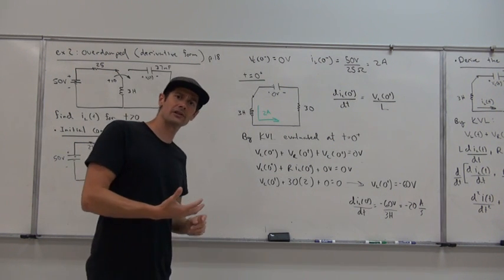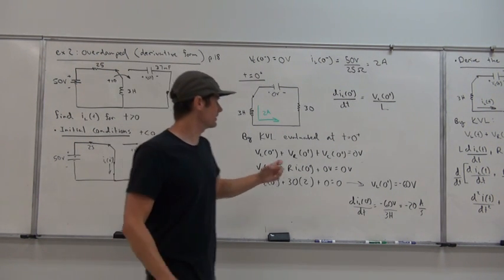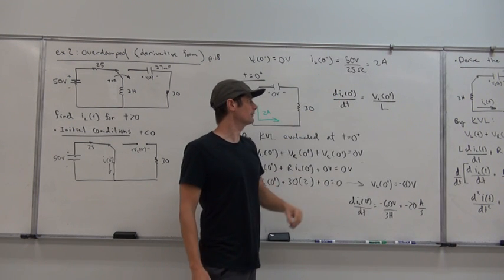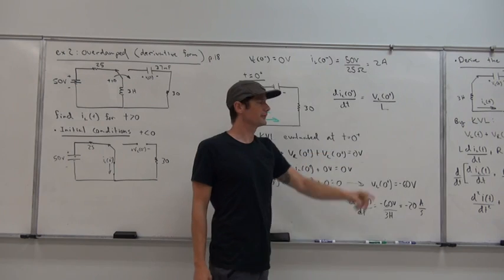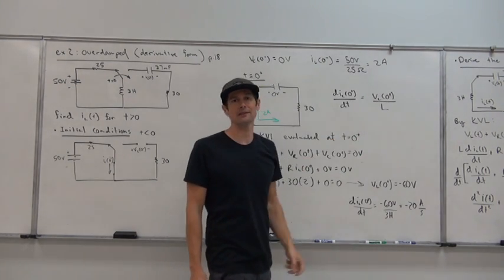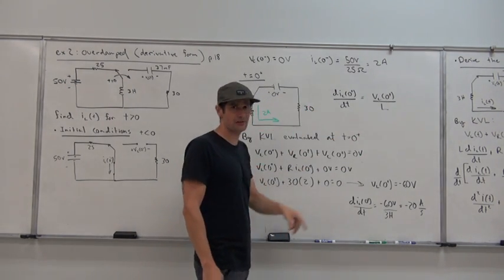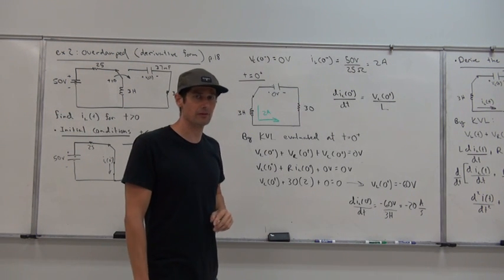But the other initial condition that we're going to need is dIL of 0 plus over dt, the change in that initial condition, and that's equal to VL of 0 plus divided by L. Again, we get that from evaluating the current-voltage characteristic of the inductor at t equals 0 plus.